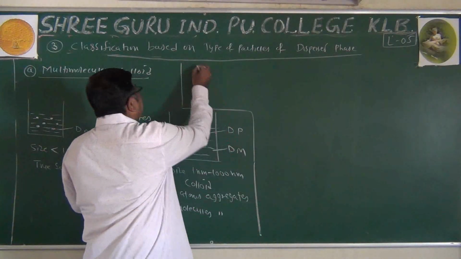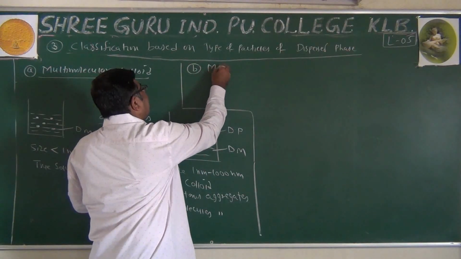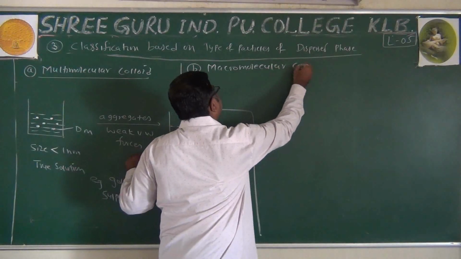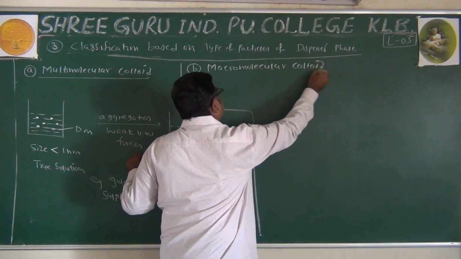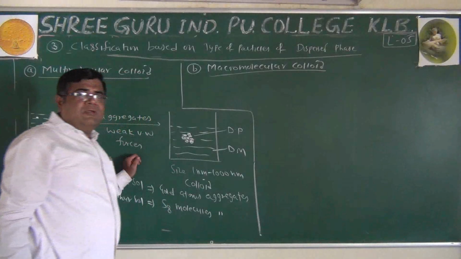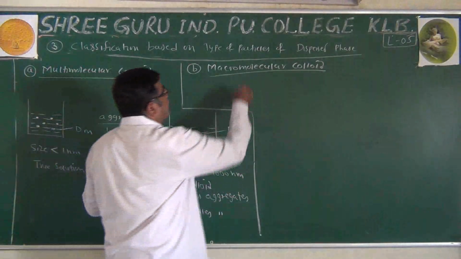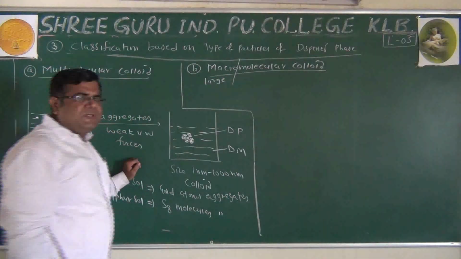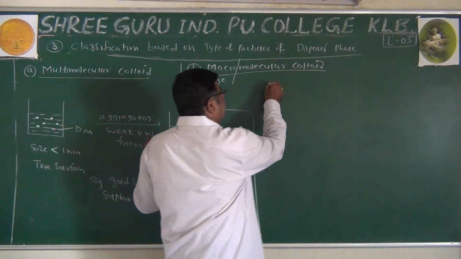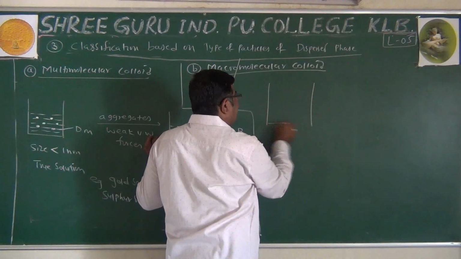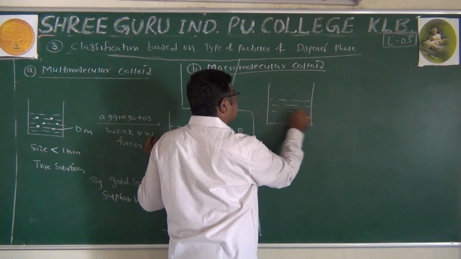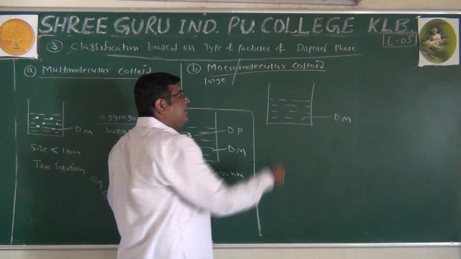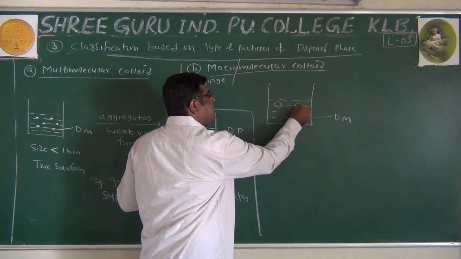Now another is the macromolecular colloid. Macromolecular colloid. Now, in macromolecular colloid, micro and macro: macro means large, micro means small. In macromolecular colloid, this is the dispersion medium, and these are macromolecules.